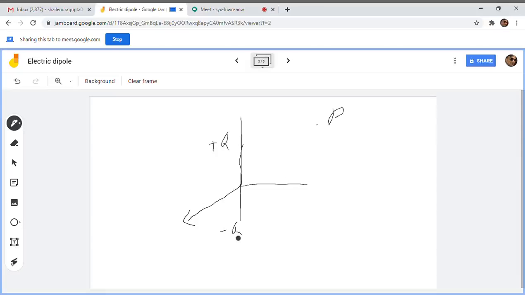Actually, in dielectrics, these charges are displaced by a very small distance, so usually this point is very far from here.